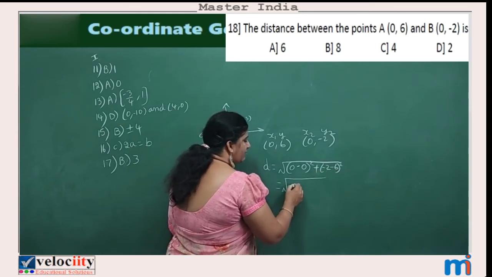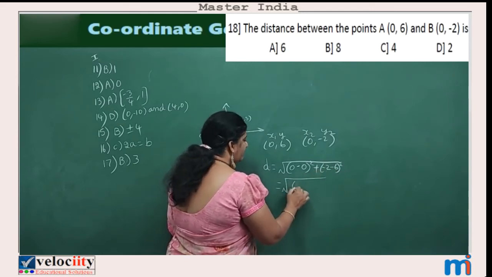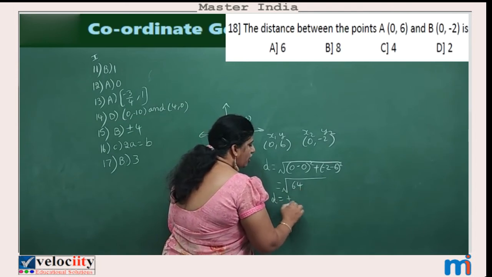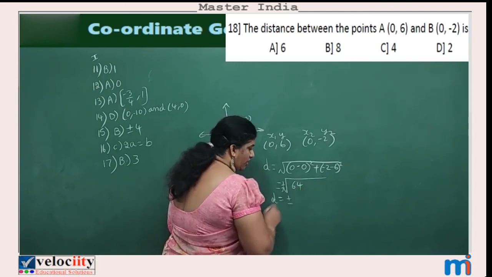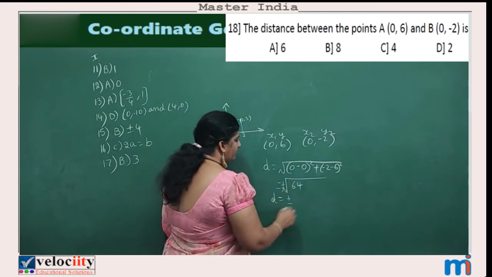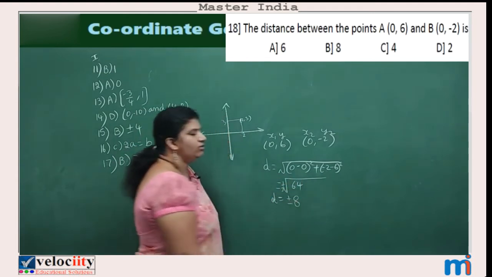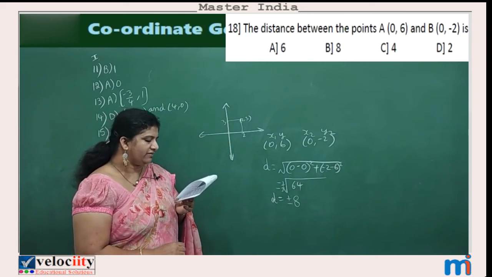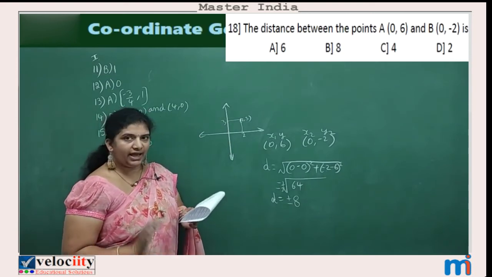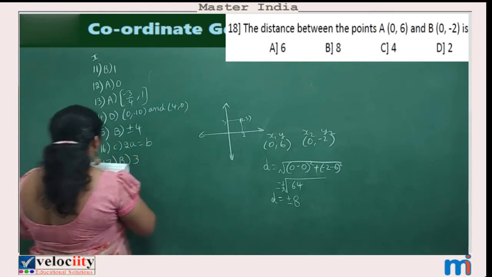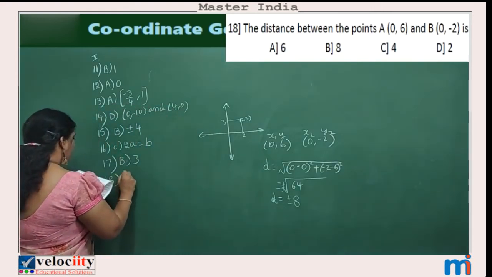Minus 2 minus 6 will be minus 8. Minus 8 whole square will be 64. Square root of 64, you need to take plus or minus. 8 8s are 64, the square root will be cancelled. D is equal to plus or minus 8. Check the option here where you have only 8. They have given only plus 8. So you can go with option B, 8.